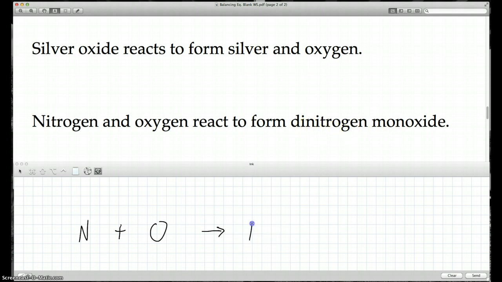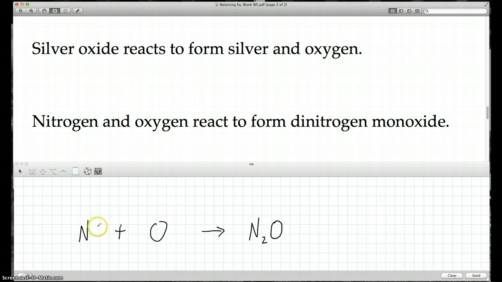Dinitrogen is N2, monoxide is O1. Now, remember, we never write the ones, so just N2O. There is a 1 there because it's monoxide, but we don't write the ones. So I use the prefixes to figure out the little numbers for my compound.